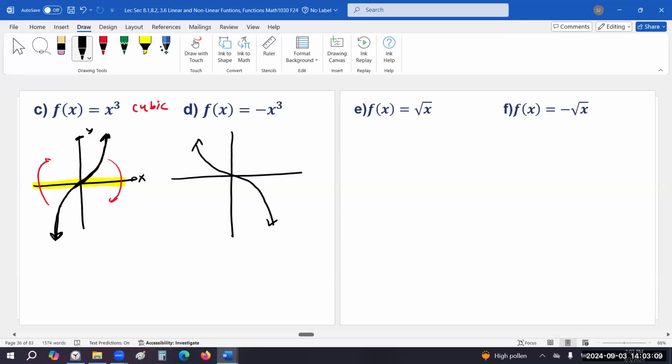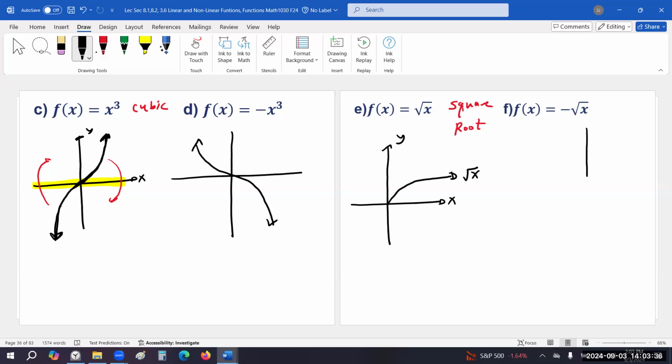The third type of function is called square root function. This is x, this is y. The square root function has this shape. It is always in the first quadrant. Everything is positive.